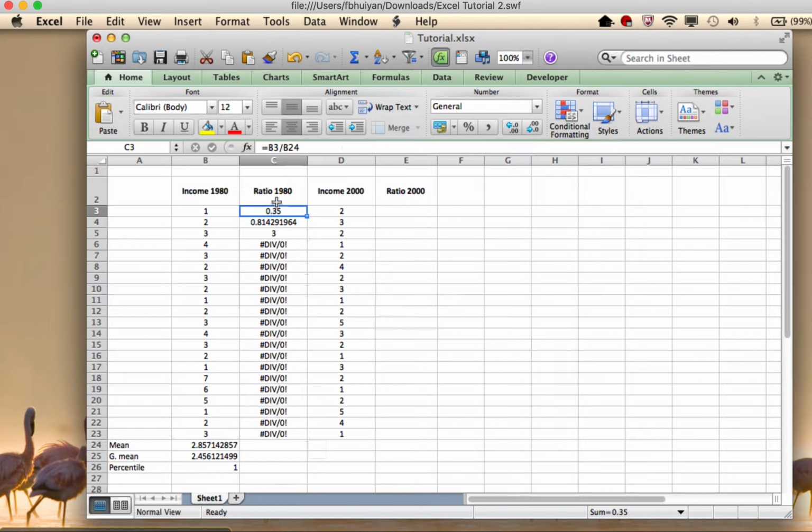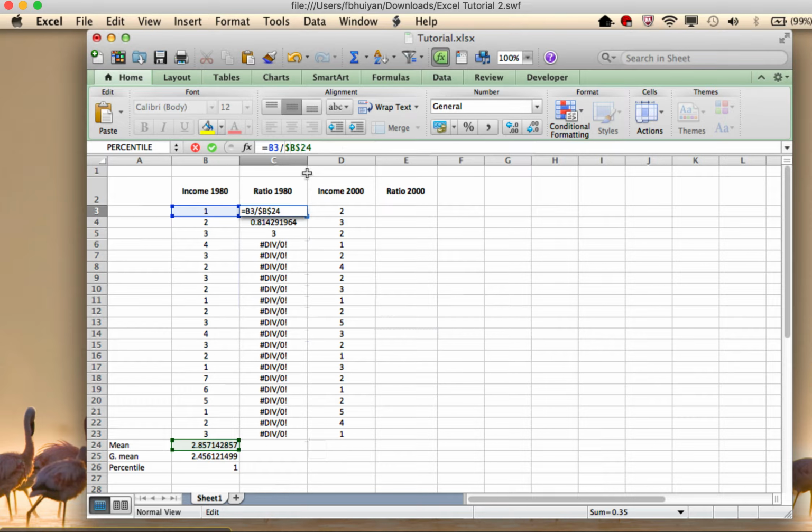So basically we want the numerator to keep changing. We want it to be B3, B4, B5, B6. That part is fine, but we don't want the denominator to change. We want the denominator to remain at B24. The way to tell Excel not to change a particular cell in a formula is to put a dollar sign in front of the letter and in front of the number.